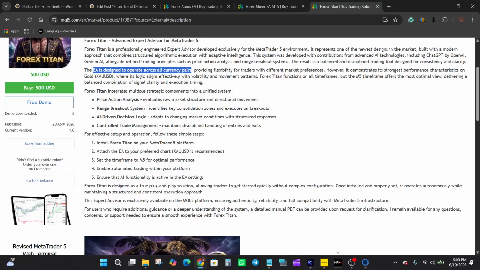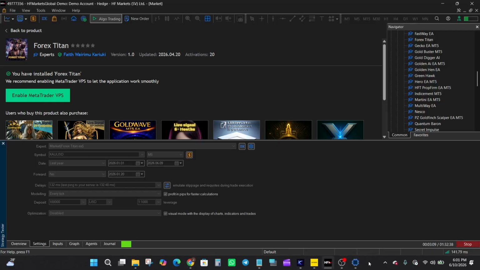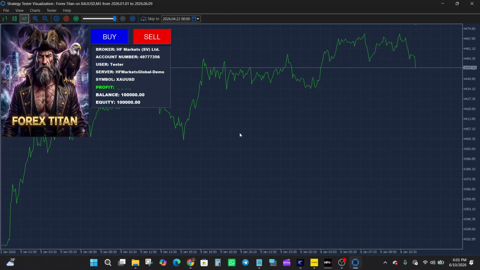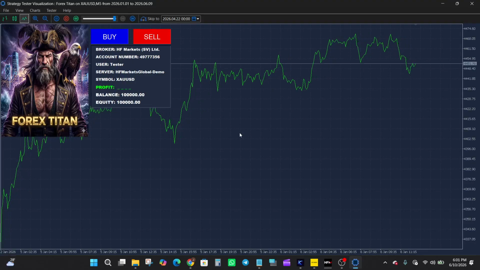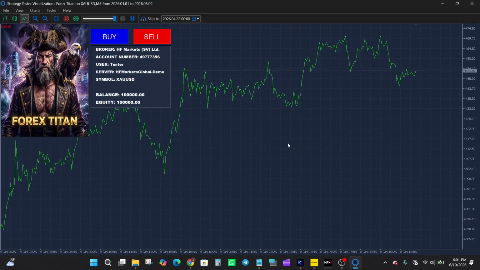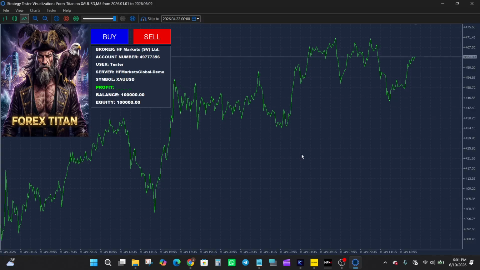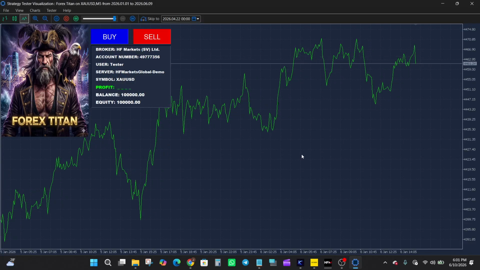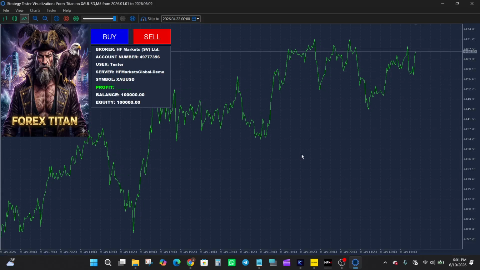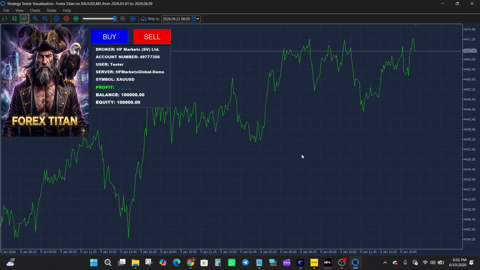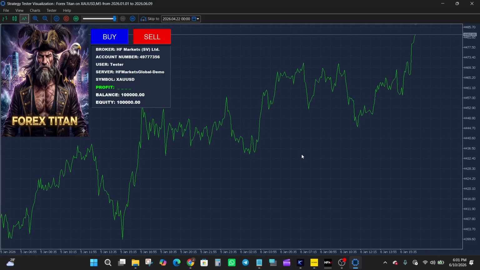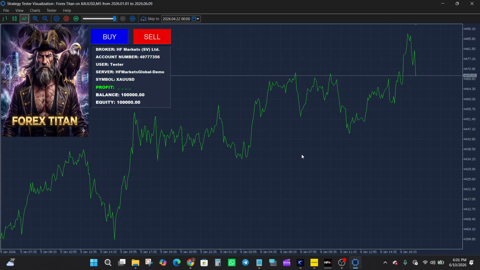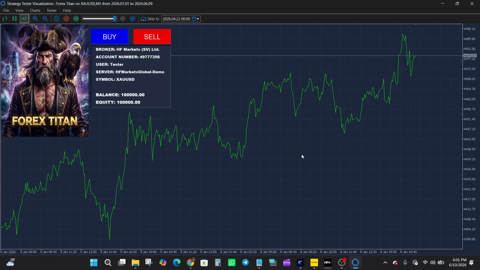Okay, so I recommend that if you're interested in this EA, you can test it across different currency pairs, and then you can make your conclusion about which currency pair gave you a better result. All right, so run your own longer back test and then forward test as well, so that you can better understand how the expert advisor behaves under different market conditions.